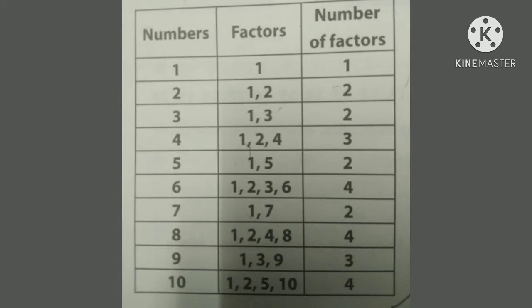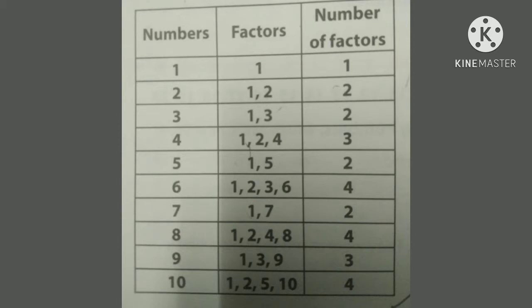Look at this table. Number 1: how many factors? 1 factor. Number 2: how many factors? 2 factors, 1 and 2. Then 3: 1 and 3. So the factors are 1 and the same number. What about the number 4?